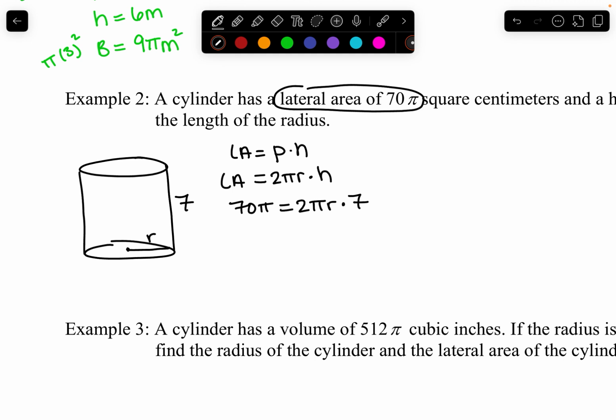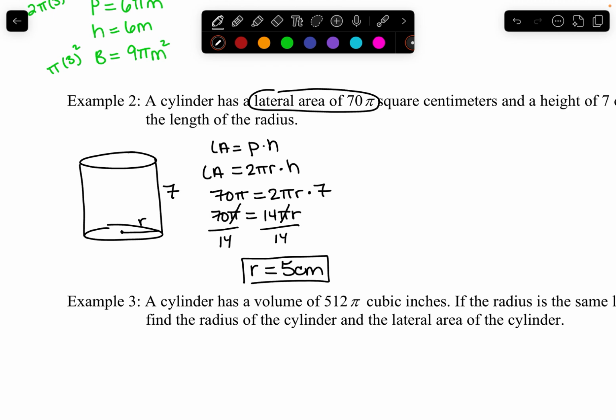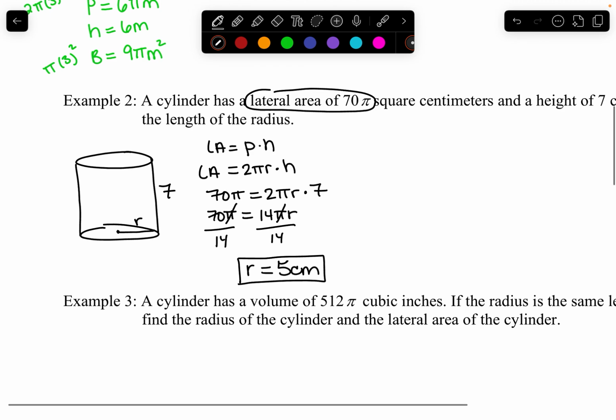I know my height is 7. So we've got 70 pi equals 14 pi r. Your pi's cancel. We can divide both sides by 14. 70 divided by 14 is 5. So the radius should be 5 centimeters. Ooh, we're moving away from meters, going on to centimeters. That's how you would do a problem like that.